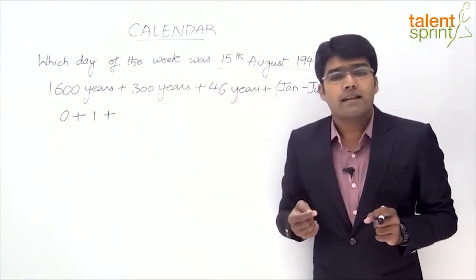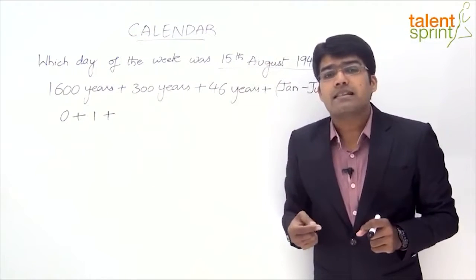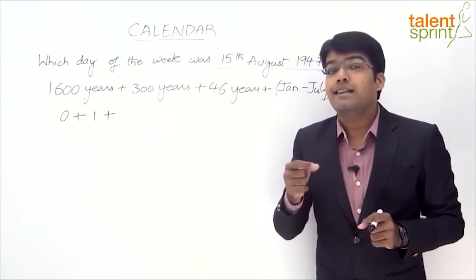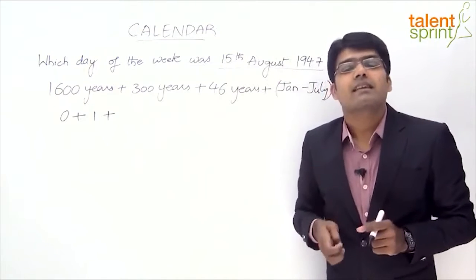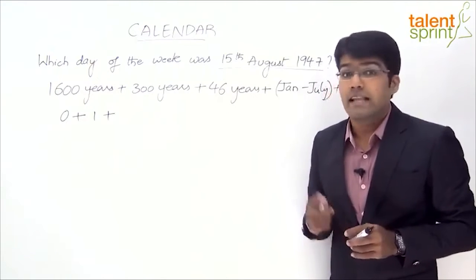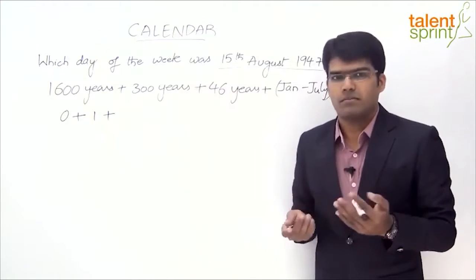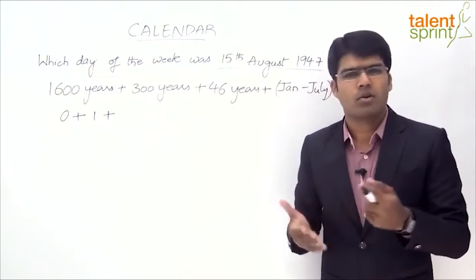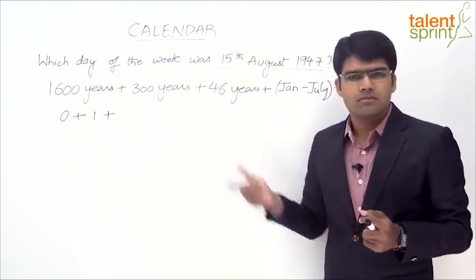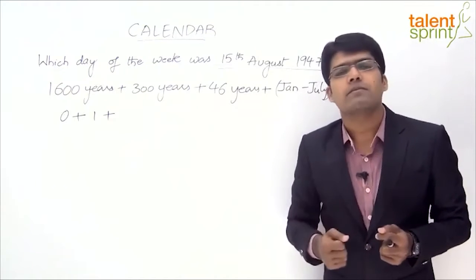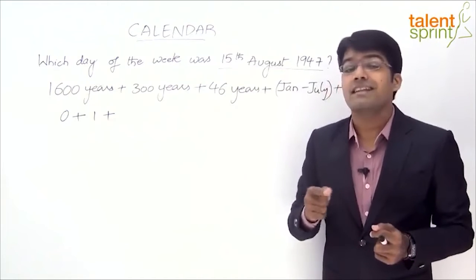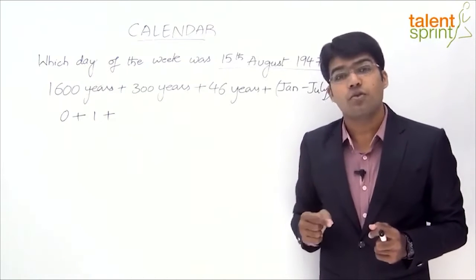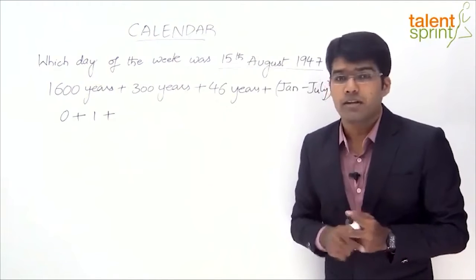We very well understand that a leap year occurs every 4 years, and 1904 was a leap year since it is exactly divisible by 4, right? 1900 was not a leap year because for century years it has to be divisible by 400, which we have already understood. If it is divisible by 400, then it becomes a leap year. Now since 1904, the last 2 digits 04 are exactly divisible by 4, it is a leap year.